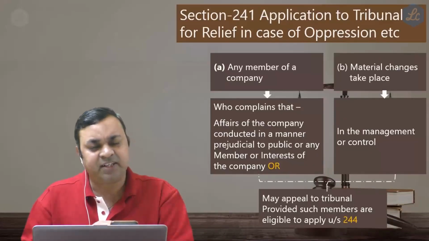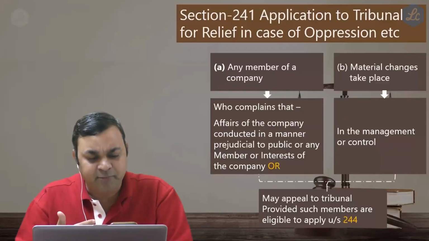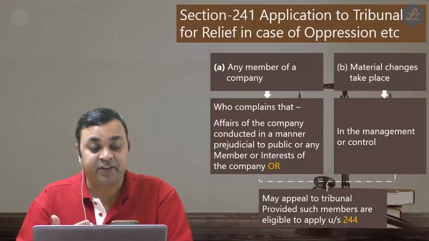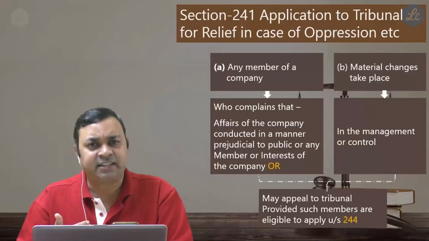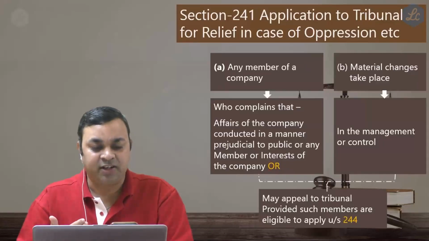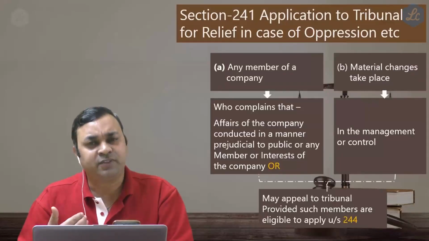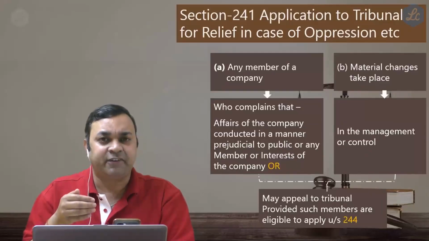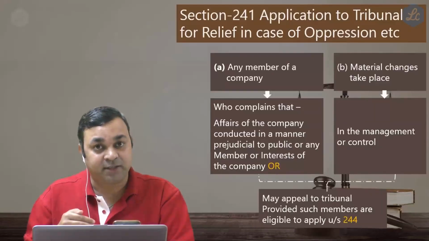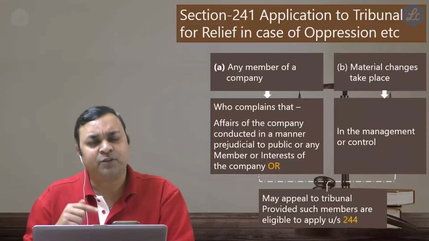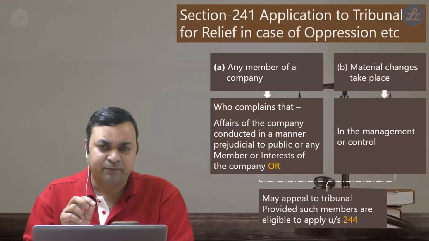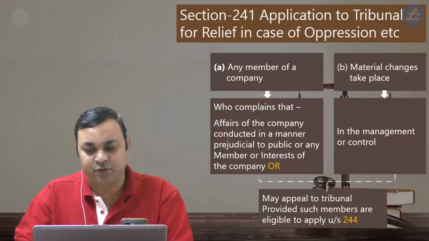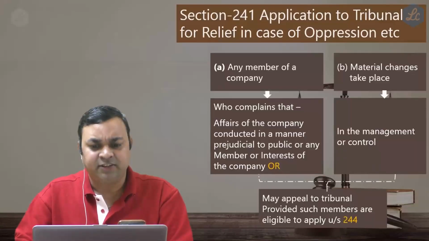Any member of the company can apply and pray before the NCLT that the affairs of the company are being conducted in a prejudicial manner, or there is a change in the management or control, or a change in the BOD which may indirectly affect the company. And who are the members who can apply? That number of members is prescribed under Section 244. This is the concept we need to understand most importantly.